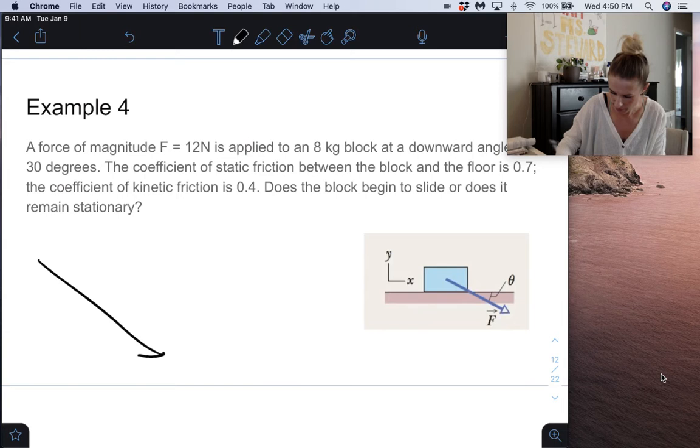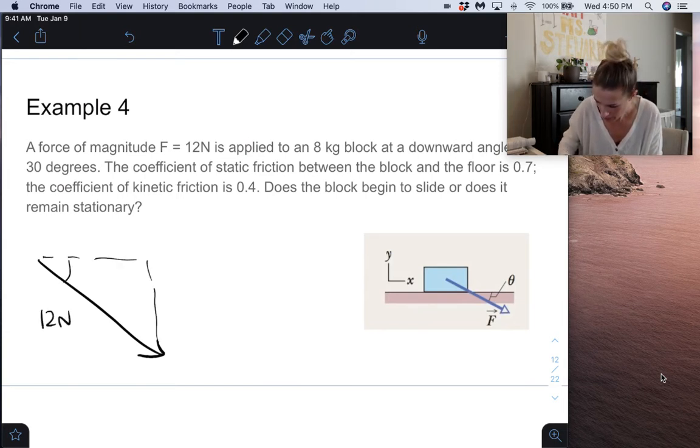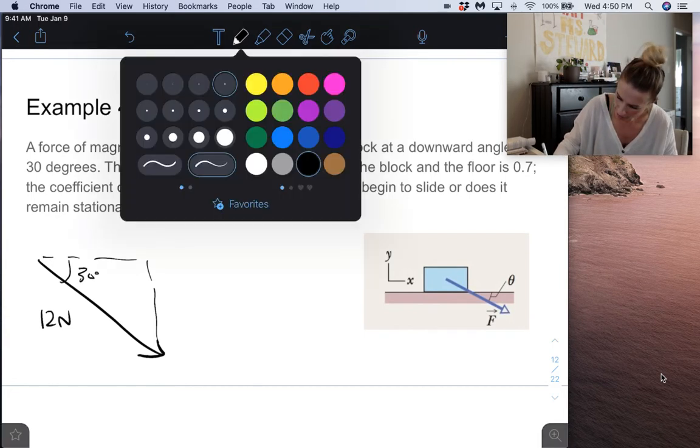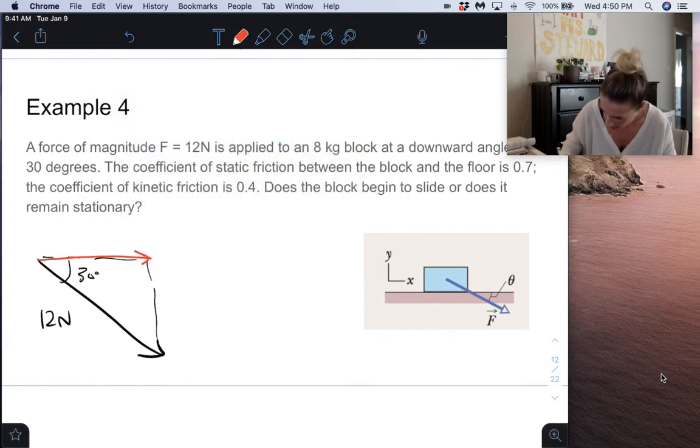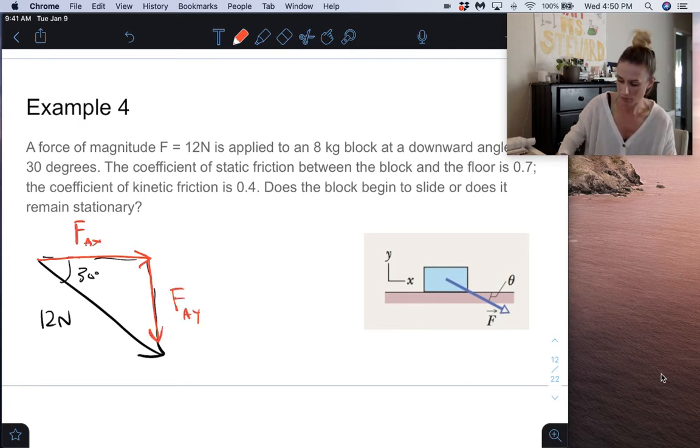So we have the applied force downward, which we know is 12 newtons. And then also, it looks like they give us this angle right here, and that is our 30 degrees. So our force applied in the x direction is to the right, and then our force applied in the y direction is down.